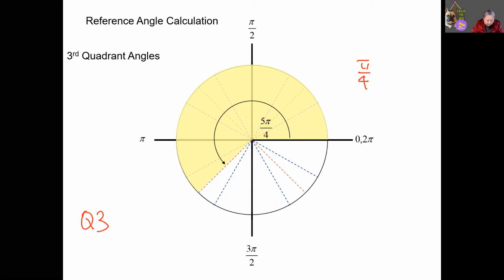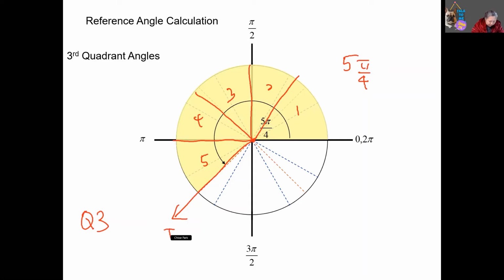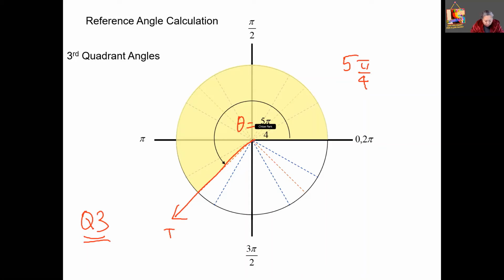So it's going to be like this. 1, 2, 3, 4, and then 5 pi over 4 is one more. So now my terminal side is definitely in quadrant 3. So the original angle theta, 5 pi over 4, is there.